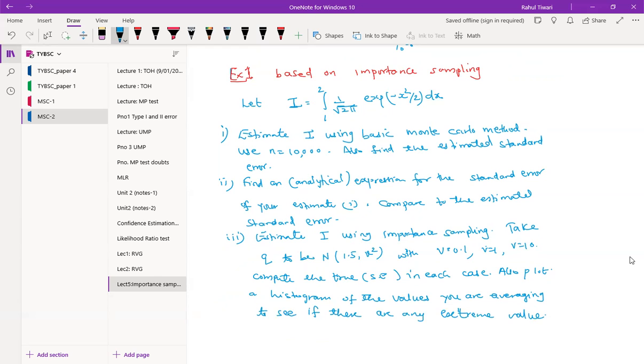Okay. So maybe you can skip this plot part, because the plot part might be difficult, but let's try, just try for at least the remaining part. Okay.